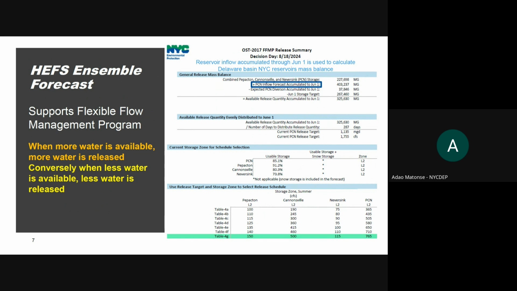We then estimate the current PSNN release target, and together with that target and the current storage availability, we know how much water we have in the Pepacton, Cannonsville, and Neversink reservoirs. We then select a release target schedule like the one highlighted here in green, and that is based on tables that are part of the 2017 FFMP. Next slide.